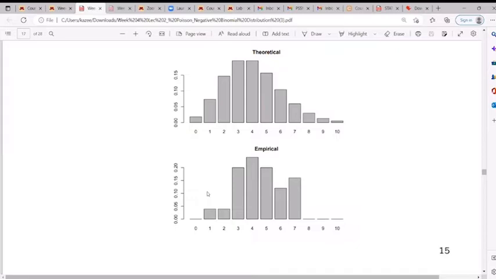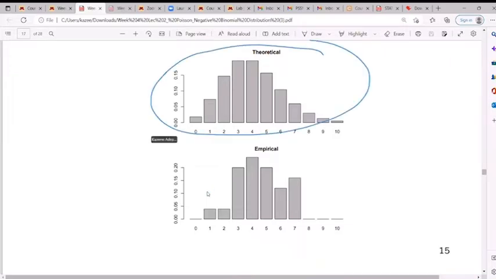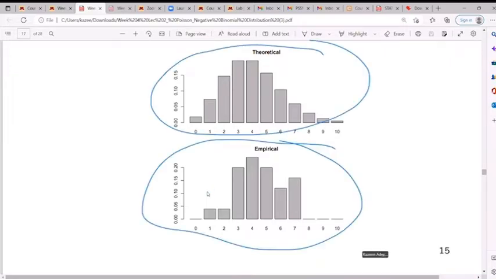So take a look at what you see now. You have two histograms right here: the theoretical one and the empirical one. You may want to ask what the difference between the two is. The theoretical one is what we expect before we collect our data set. That is the kind of shape that we expect for a Poisson distribution.